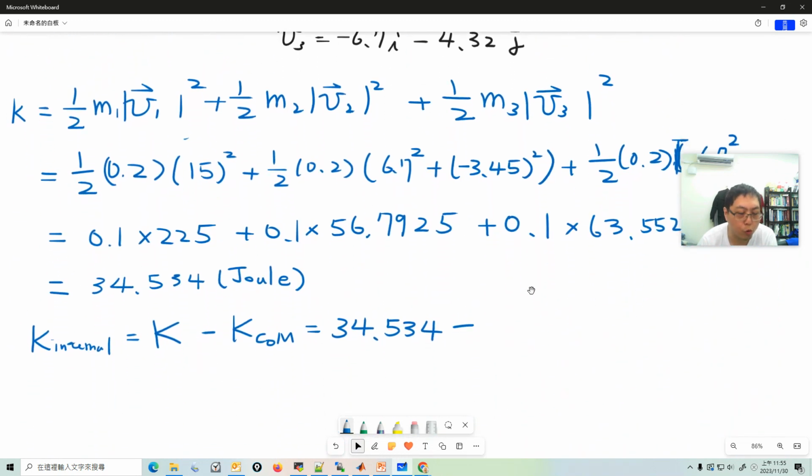Oh, so small. 34.534 minus 1.742 will be 32.792, and the unit is also joule. So that's the internal kinetic energy.